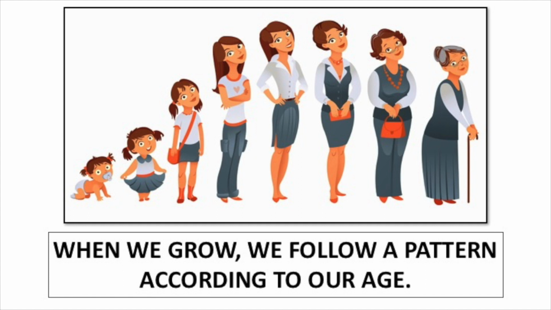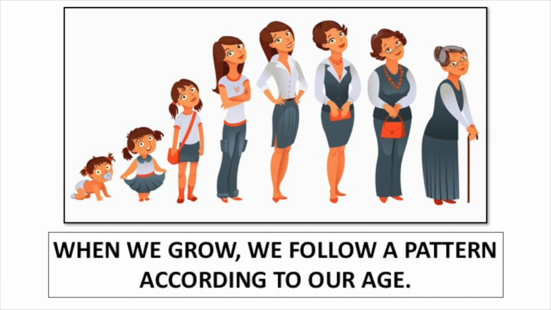And then what happens as we get older, we grow. Our bodies get bigger and we get taller. But only up until a certain point. Once we reach a certain age, our growing stops. We become fully developed. And then actually what happens as we start to get older, we start to get smaller again.